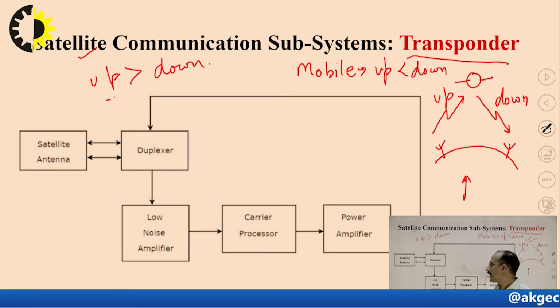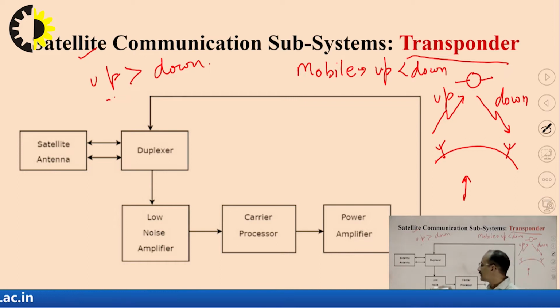This is the common diagram of a transponder. A transponder has a satellite antenna which receives as well as transmits the data. The same antenna can be used in both ways through the duplexer.